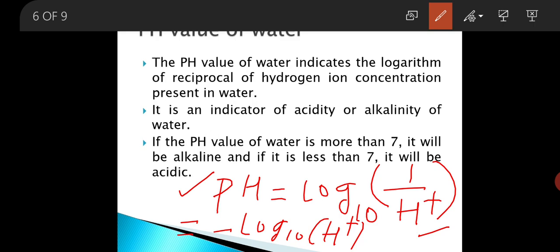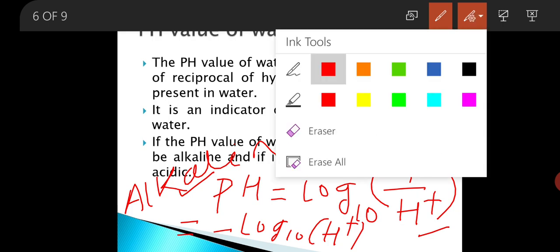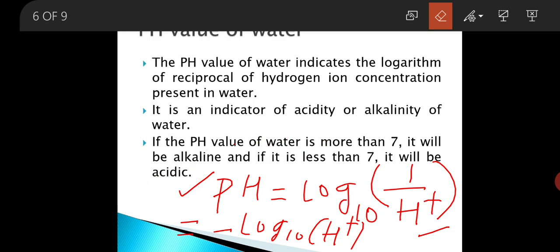This will represent alkaline solution. Okay. And the lower value of pH means higher hydrogen ion concentration, which will represent which type of solution? Then that will represent acidic solution. Okay. A neutral water will have a pH equal to 7.